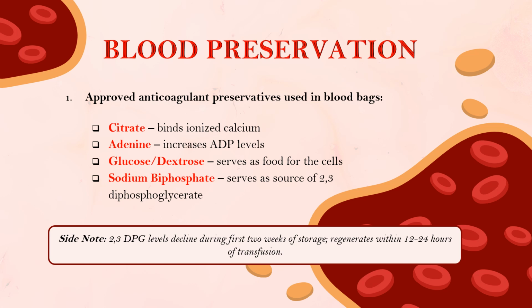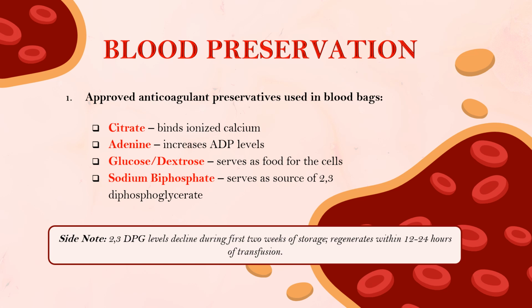And since blood is a living cell, it needs food to survive. The glucose or dextrose will serve as fuel for the cells and as substrate that will initiate ATP production via anaerobic glycolysis during storage. And lastly, your sodium biphosphate is needed to maintain the pH levels of the blood unit, which is greatly essential for your 2,3-DPG levels within the blood unit during storage.